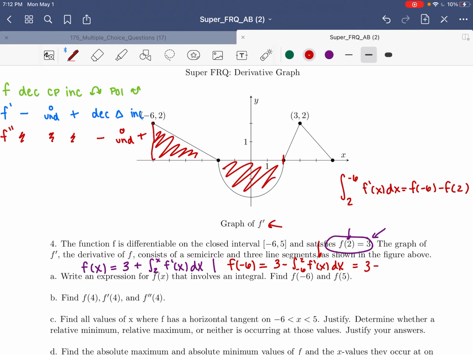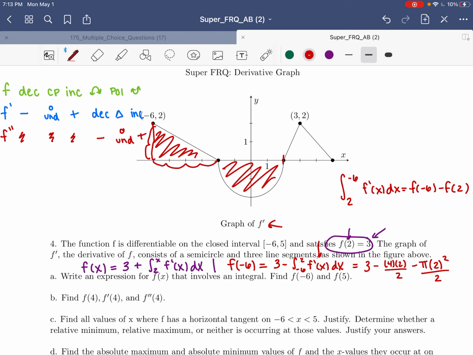So this is going to become 3 minus, this triangle is 1, 2, 3, 4 times 2 divided by 2. And then the area of this semicircle is below, so it's going to be minus pi. Our radius here is 2, so 2 squared.